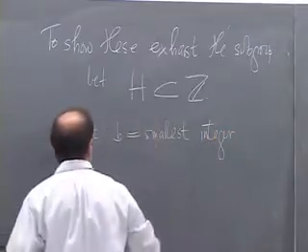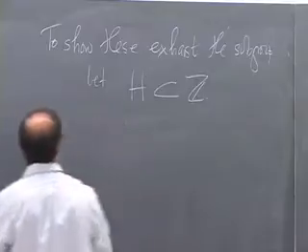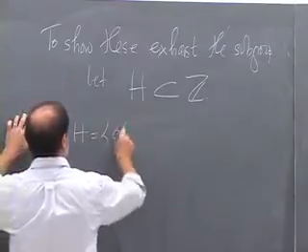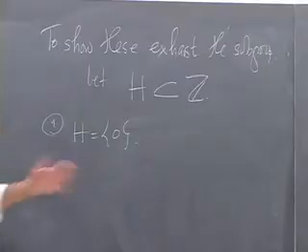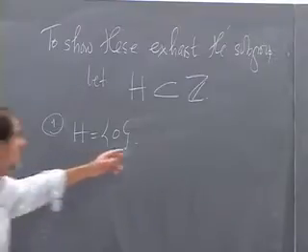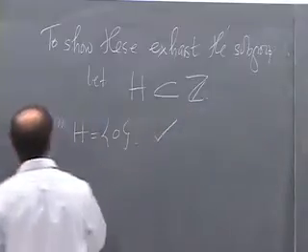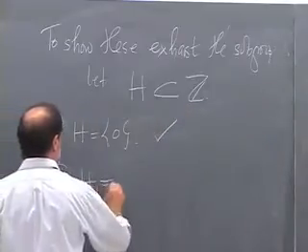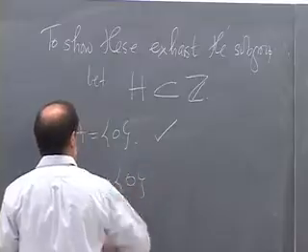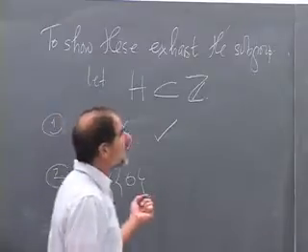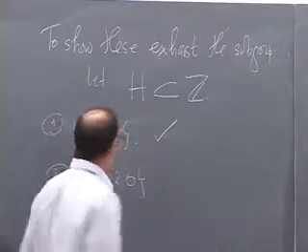Well, there are two cases. Case 1, H is equal to 0. So it's the 0 subgroup. Well, that's one of these cases with B equals 0. So that's okay. In case 2, H is not equal to the 0 group. So it contains something other than the identity in it. Now, by taking inverses, we see that it has to contain something positive in it.